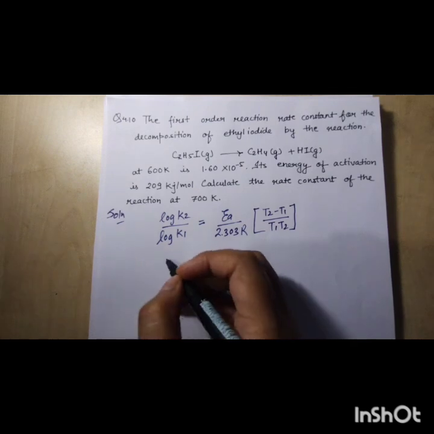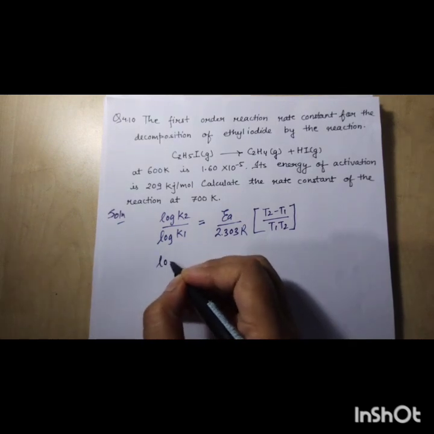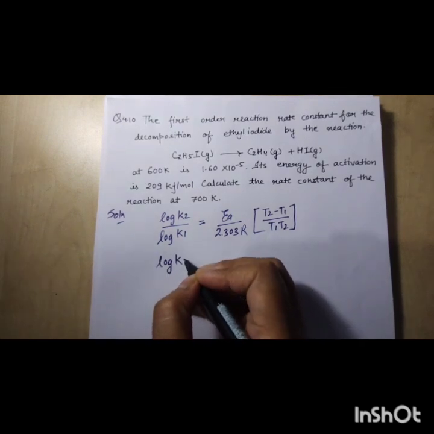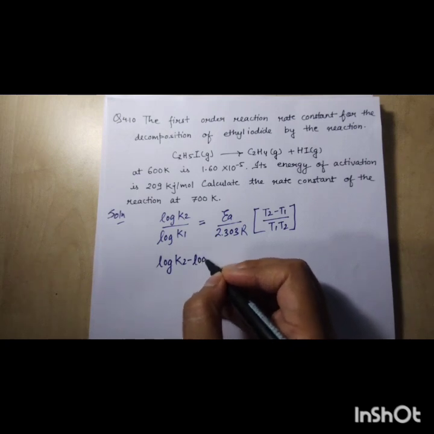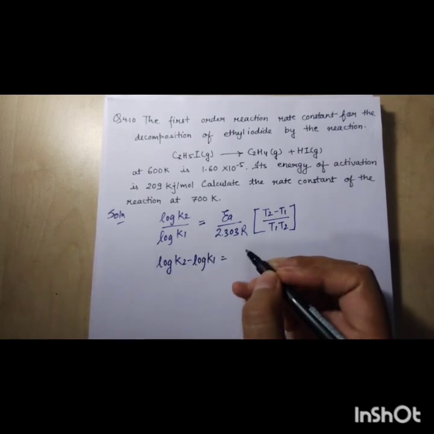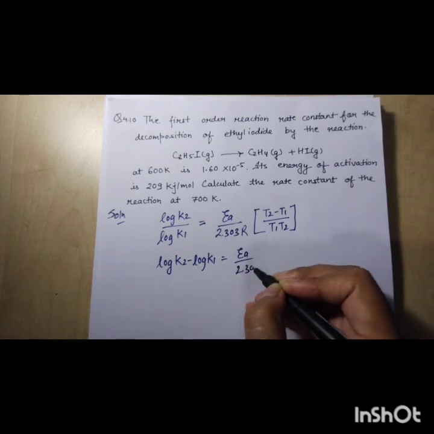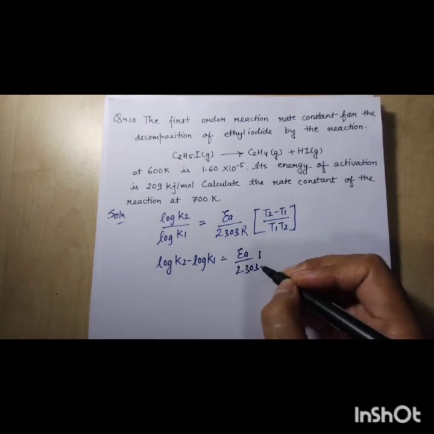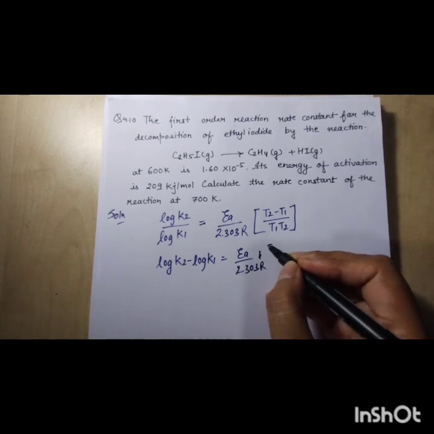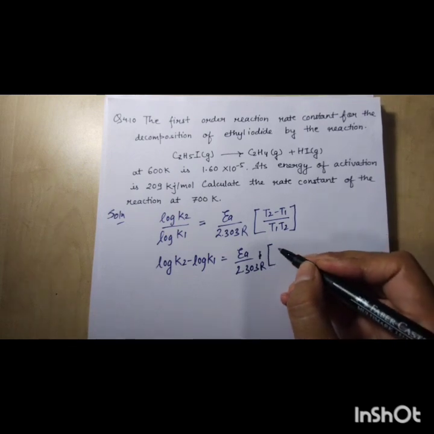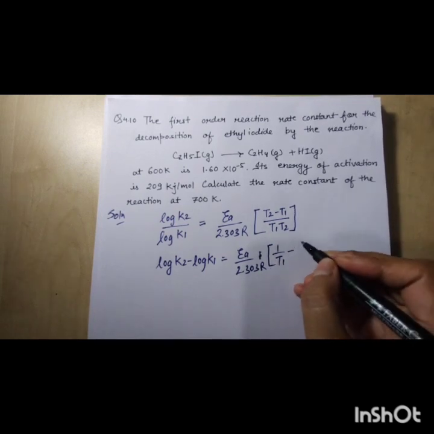This can also be written as log K2 minus log K1 is equal to EA upon 2.303 R into 1 upon T1 minus 1 upon T2.